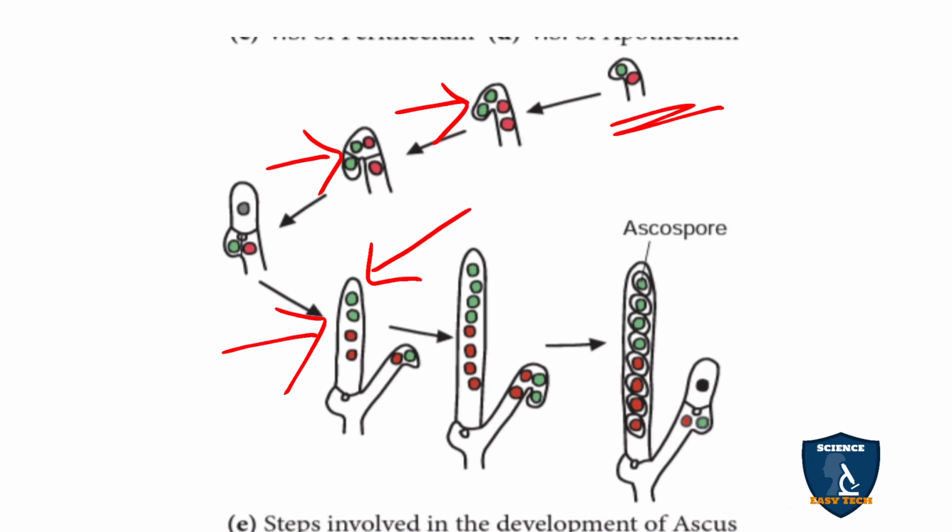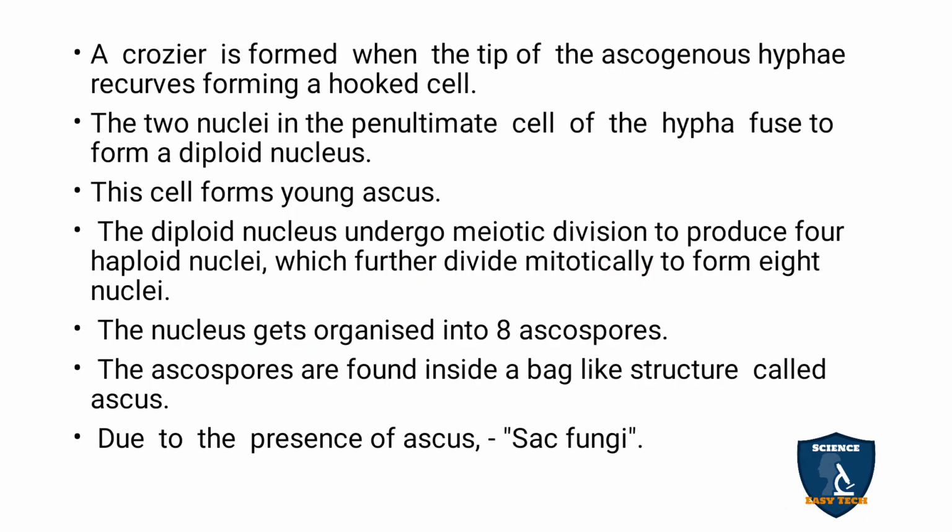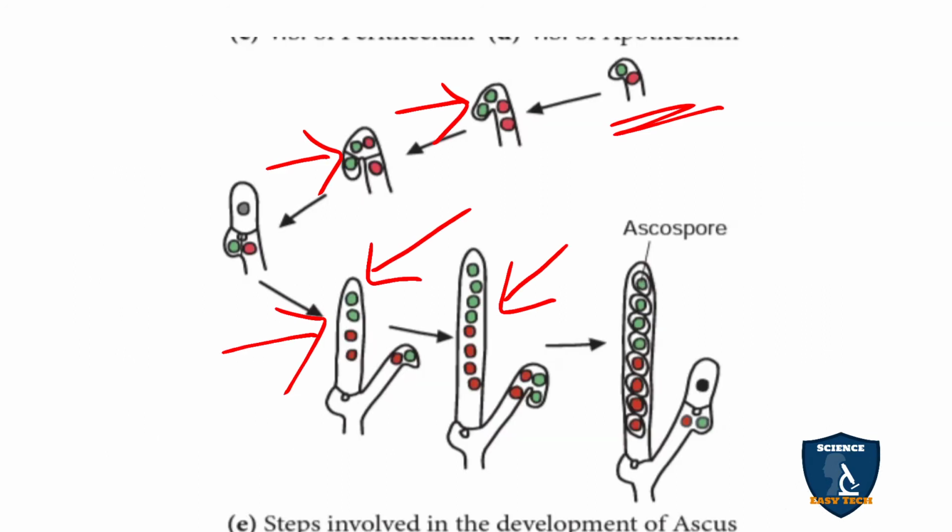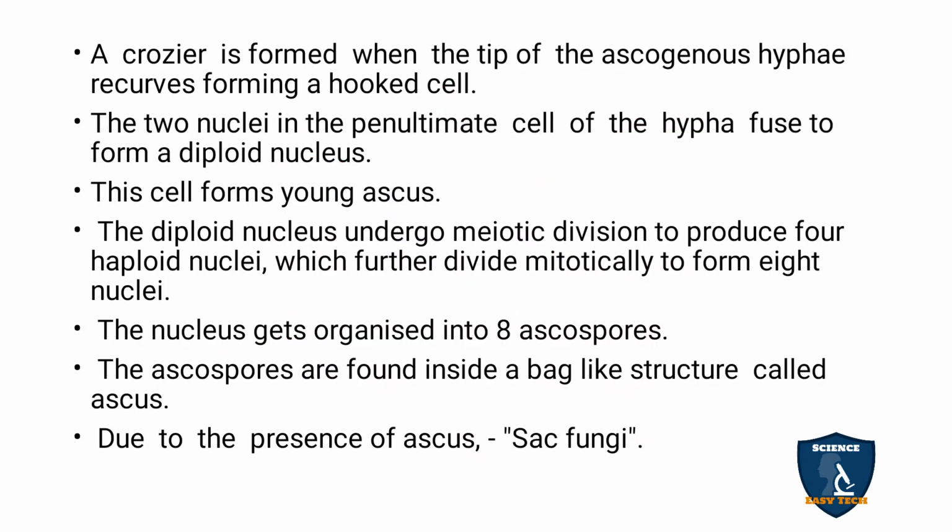Till the four, it is meiotic. After four, meiosis is over, and from this stage to this stage mitosis takes place. From the mitosis you get eight nuclei, and the nuclei get organized into eight ascospores.